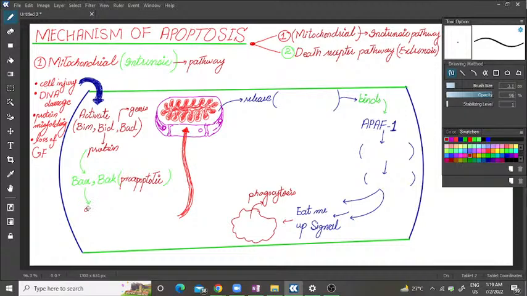These proteins go into the mitochondria of the cell and increase the permeability of the mitochondria.